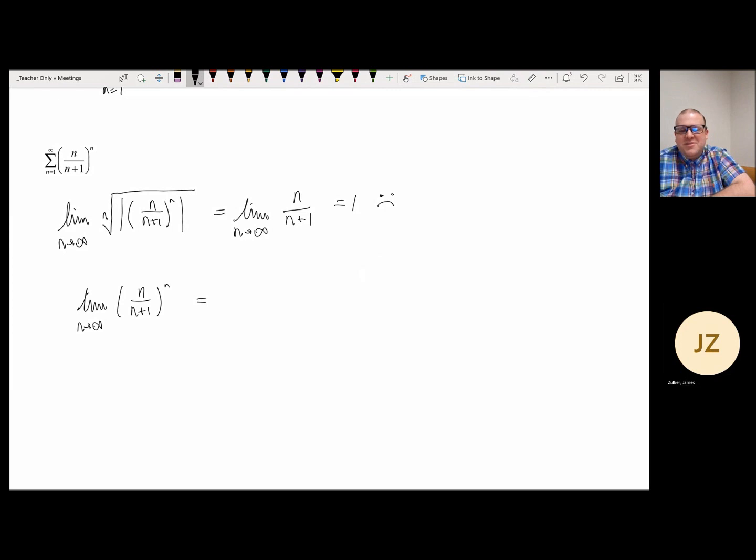How are we going to take this limit? Is it 1/e? How'd you get it? Because I've seen it before. Okay, well, that's not good enough. I want to see work. Take that as e to the log of n over n plus 1 to the nth power.